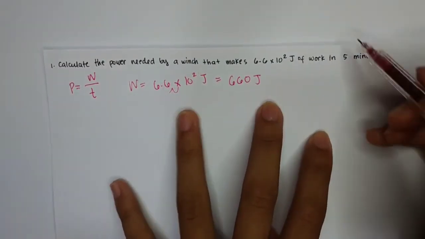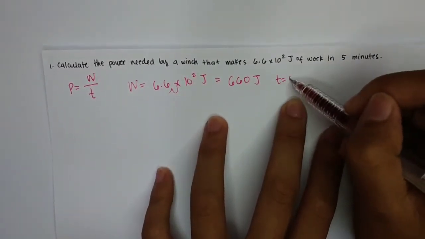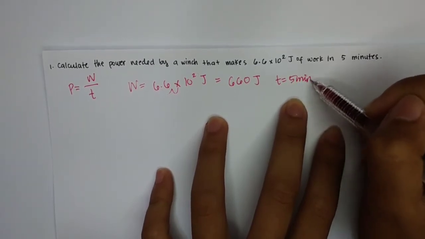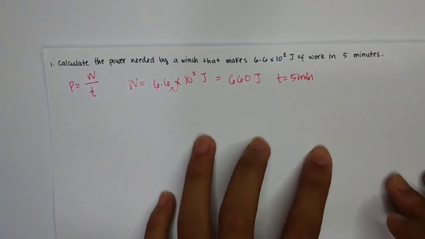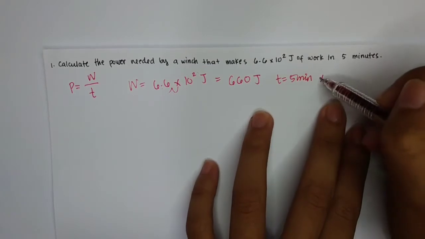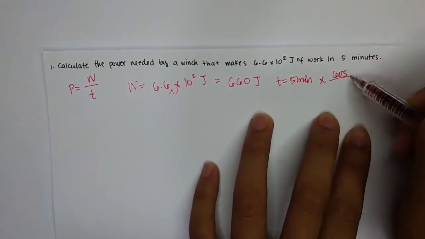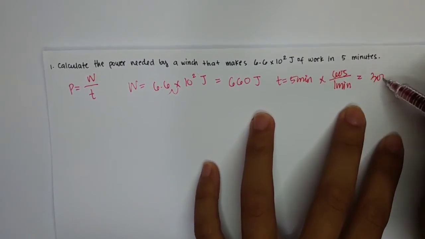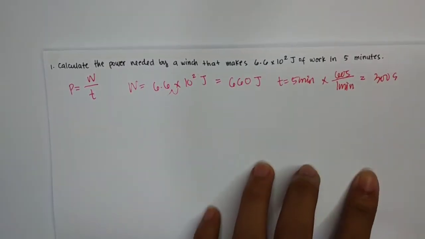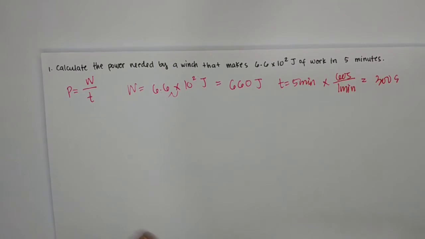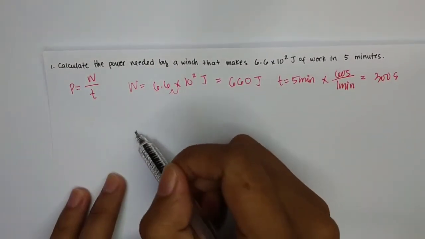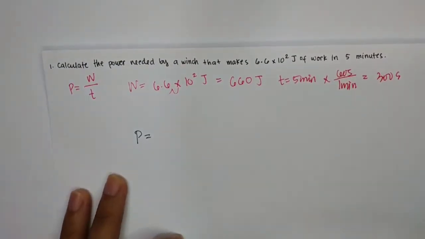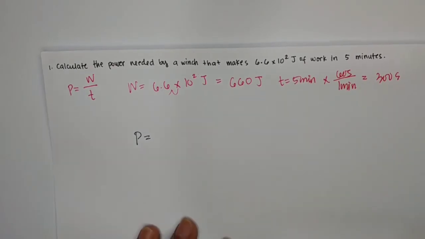Then our time is 5 minutes. Since it should be in seconds, we multiply this by 60 seconds over 1 minute, so this is equal to 300 seconds. Okay? So we have our givens. Let's substitute them into the formula.